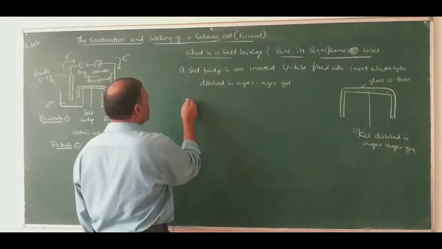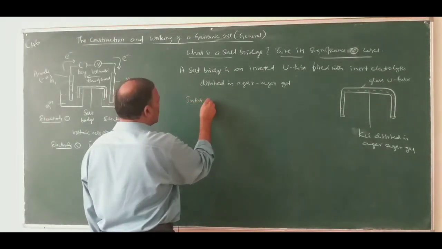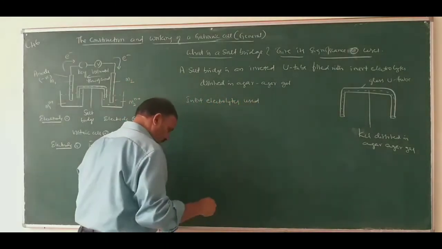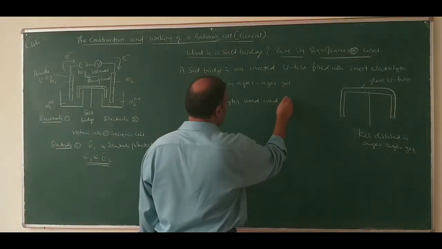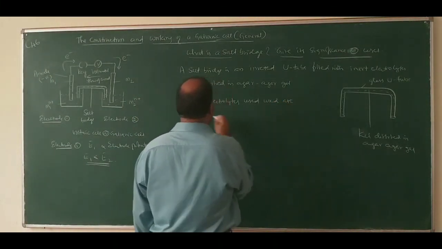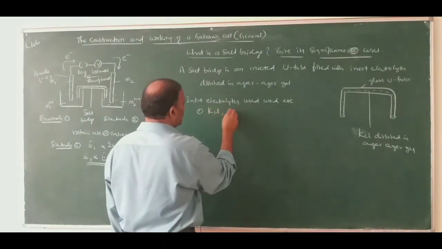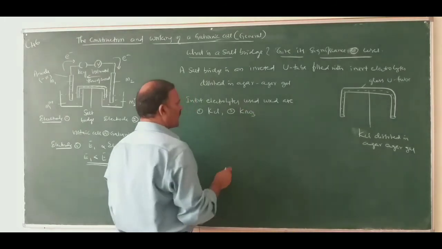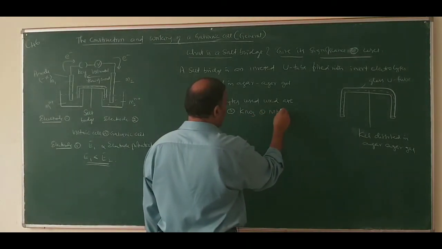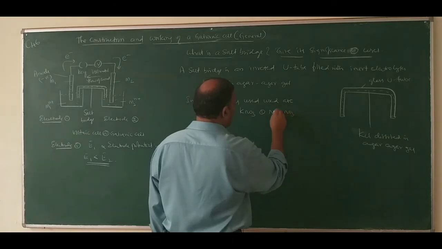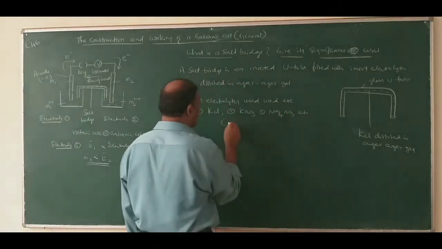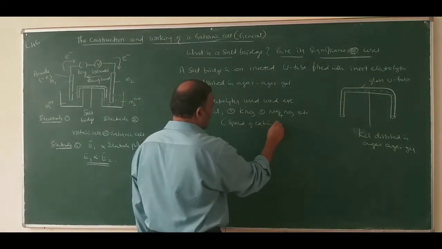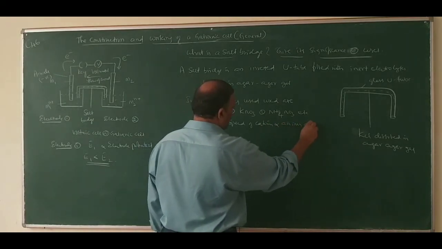So next line: inert electrolytes used are number 1 KCl, number 2 KNO3, potassium chloride, potassium nitrate, number 3 ammonium nitrate, etc. Here the speed of cations and anions are the same.